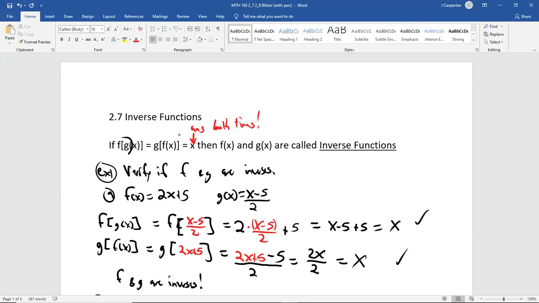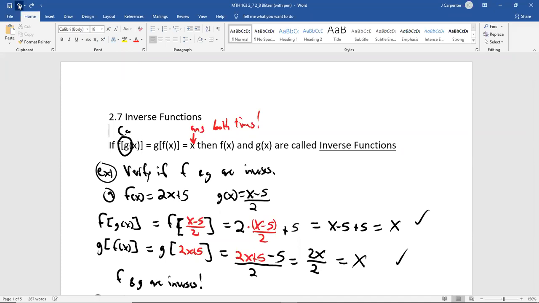So when you do an f of g, if they're inverses, they cancel, but the answer is x. Now, under addition and subtraction, we say the answer is 0 when they cancel. Under multiplication and division, we say that the answer is 1 when they cancel. So for this inverse function concept, when they cancel, you get x, which is your input variable.